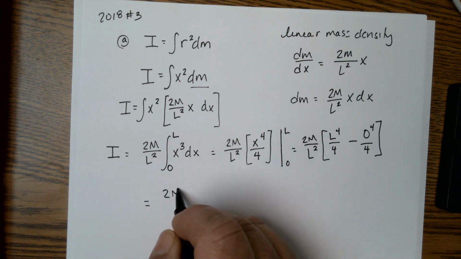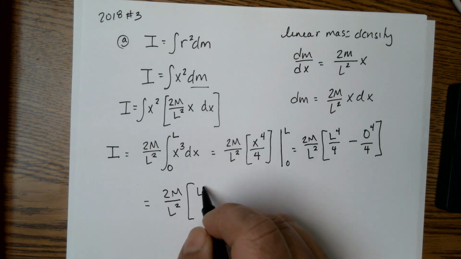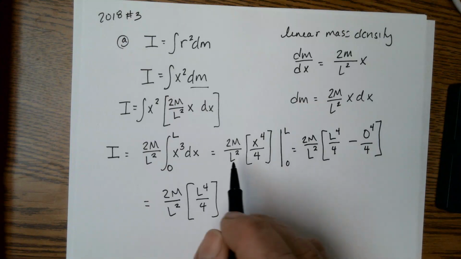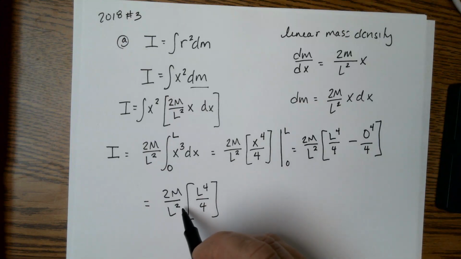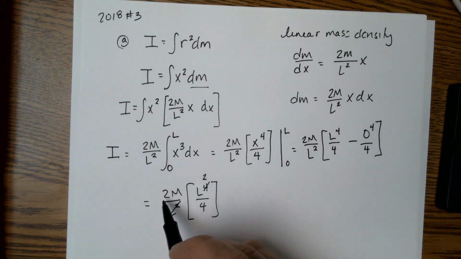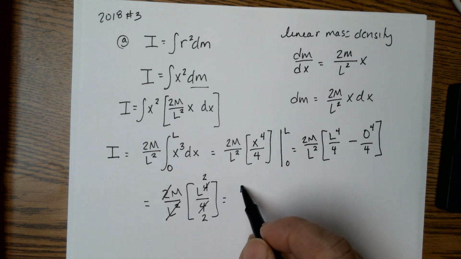The first one is L to the 4th over 4, and the 0 just goes to 0. Now I can cancel. I've got L squared on the bottom and L to the 4th on the top, so L squared goes away and this becomes an L squared. I've got 2 on the top and 4 on the bottom, so this becomes a 2, and I get mL squared over 2.